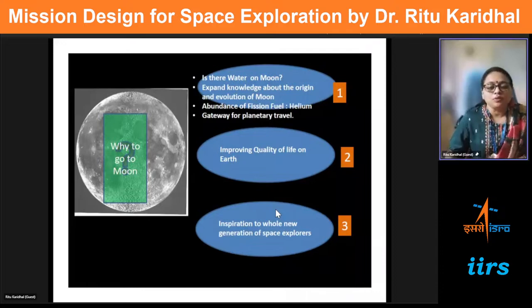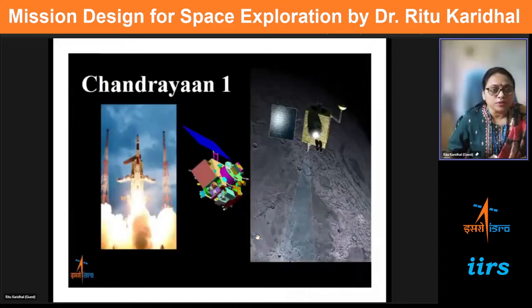And the main reason for such missions is to inspire the next generation of space explorers like you, who can contribute to the future growth of a nation. That is how the objectives of our mission to the moon were derived from all these reasons. And then we had a very successful mission, Chandrayaan 1.